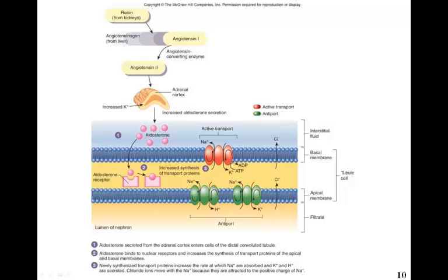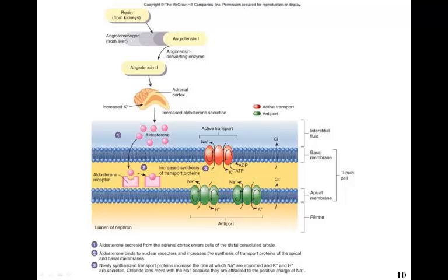So aldosterone released from the adrenal cortex comes down to cells of the DCT mostly. It's lipid soluble, so it passes through and binds to intracellular receptors.